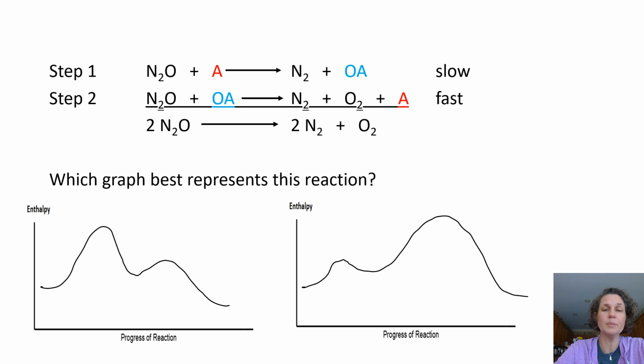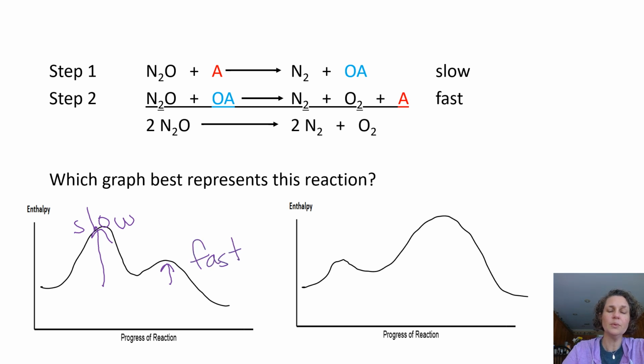You'll always be given that information. And step 2 is fast. Looking at these two graphs, remember how the hills work. If you have a tall hill, like you do in this first reaction, versus this little small hill, this is going to take a longer time. So here you have a slow or longer time versus a fast.